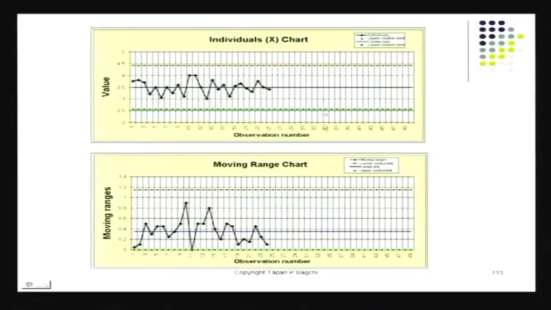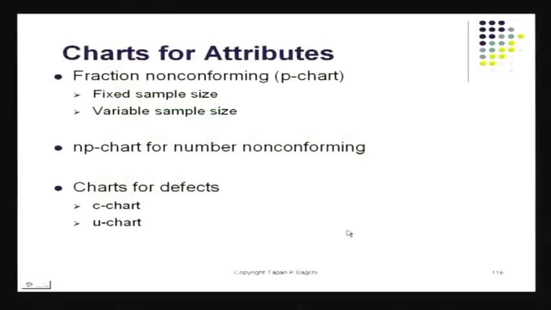So I have my individual chart there and also the moving range chart. And the moving range chart will give me the signal just like I get my signal from a range chart. No real problem there. Then I've got these attribute charts, and again I can set up an Excel sheet to do this.